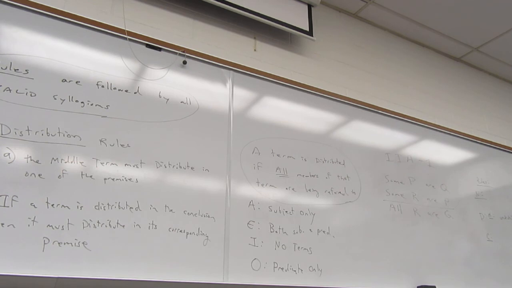This one will have an undistributed middle term. Your middle term is the subject of an I and a predicate of an I, but I statements don't do what? They don't distribute anything.